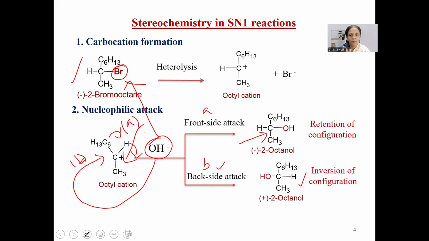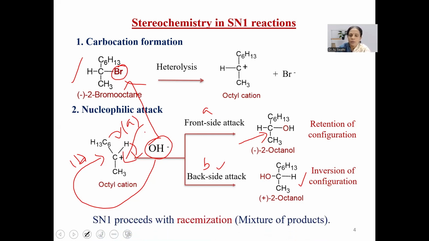That means half of the product we get is the retention product and the other half has the opposite configuration. So we get a mixture of products, both levo and dextro. That kind of reaction is known as racemization. That's why the SN1 reaction proceeds with racemization.